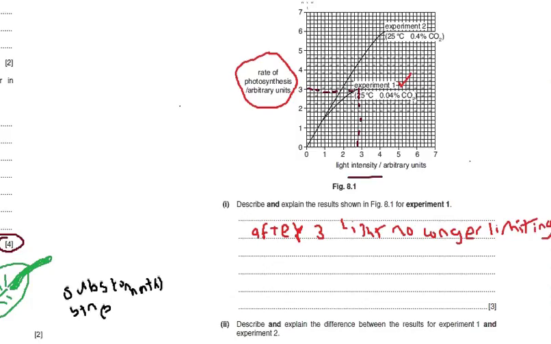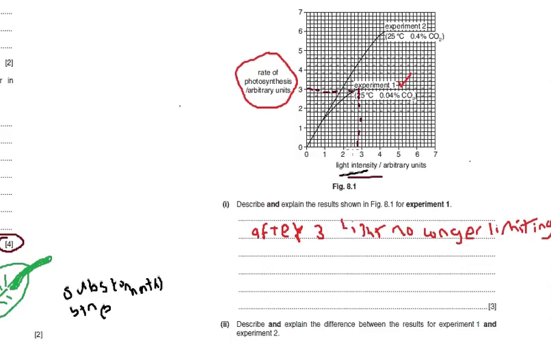The other thing you can say is that at lower light intensities, the rate of photosynthesis is directly proportional to the increase in light intensity. If light intensity increases, the rate of photosynthesis increases the same way as well. So there is a direct proportionality before reaching the 3 point.